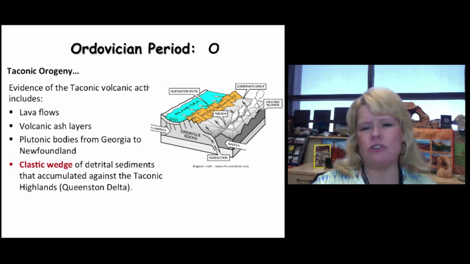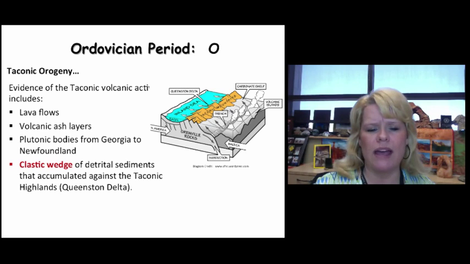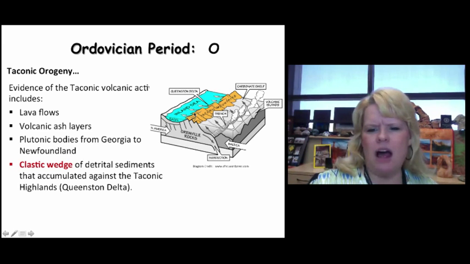But some of the most important evidence comes with what's called a clastic wedge. This is the detrital sediments that get deposited as these mountains begin to erode, and it makes sediments that are wedged up against a mountain range.